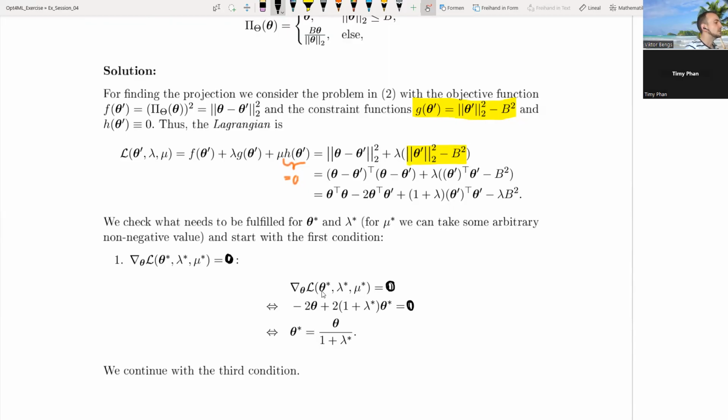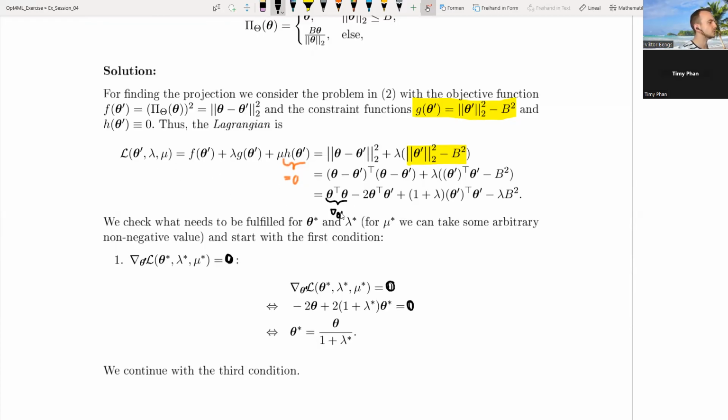So the gradient with respect to theta prime of the Lagrangian function, what do we get? Let's write theta prime here, so that you are not confused with the different notation.